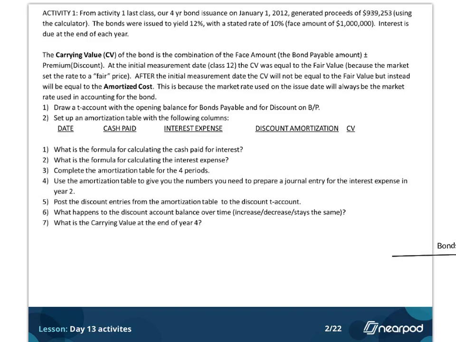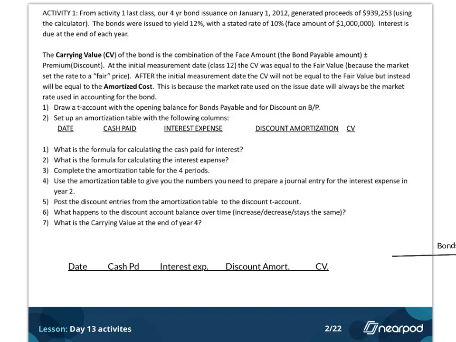And then I said to make sure you could set up an amortization table that looks like this, with the date and the cash paid and the interest expense and the discount amortization. So there's my amortization table.